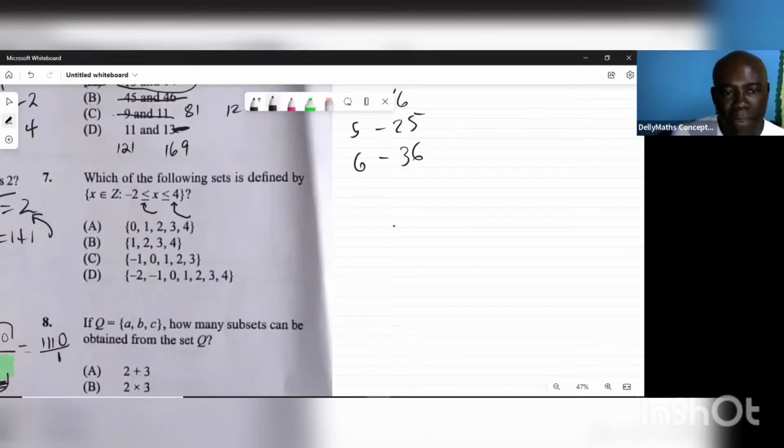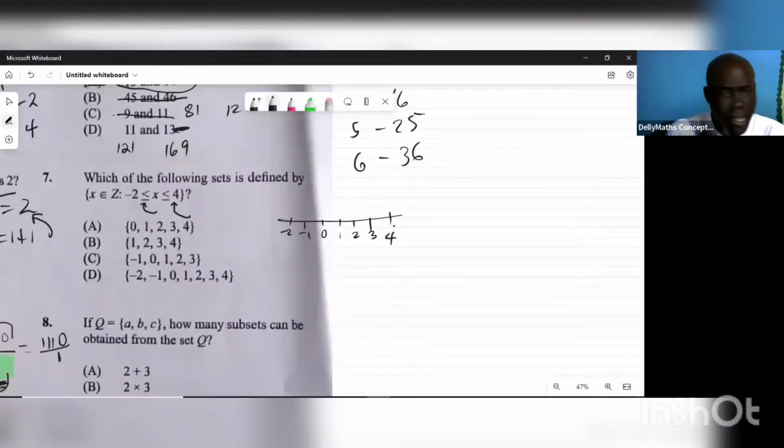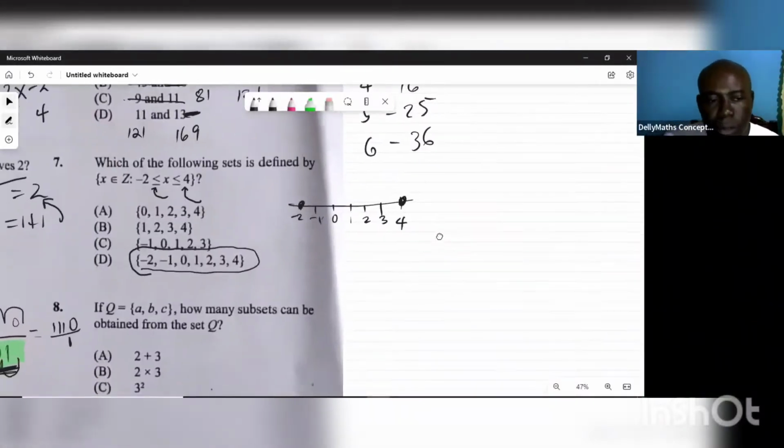On the number line, I'm coming from -2, -1, 0, 1, 2, 3, 4. These are the numbers they're referring to, because X is less than or equal to 4 and greater than or equal to -2. So we're looking for these numbers from -2 all the way to 4. That clear? Yes, sir.